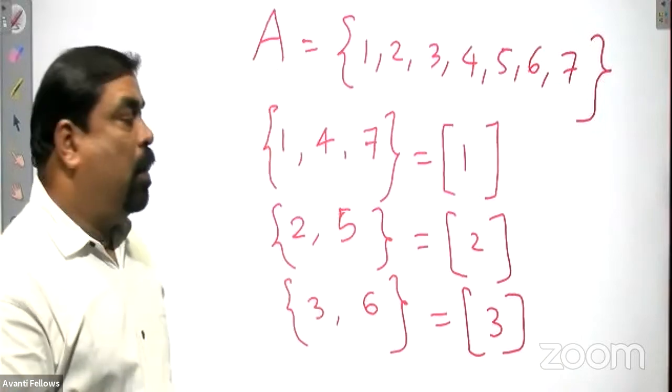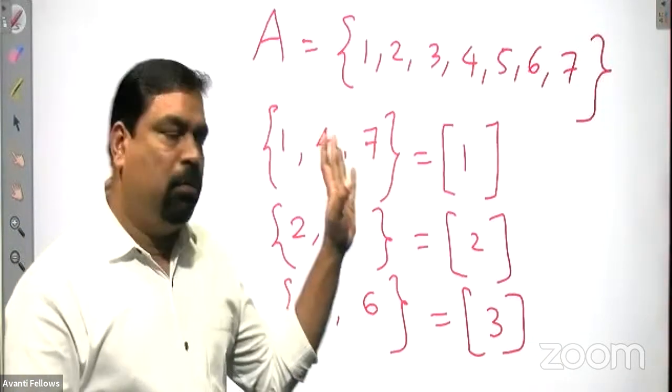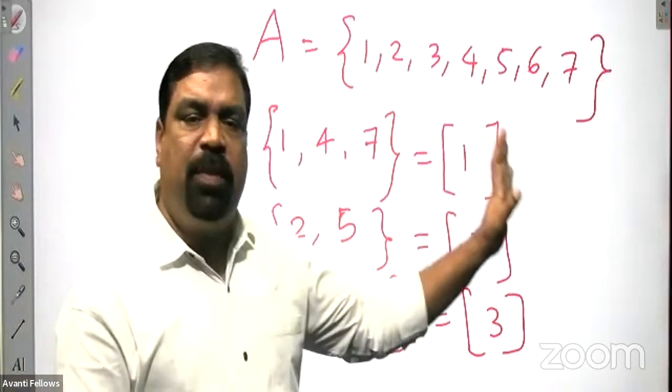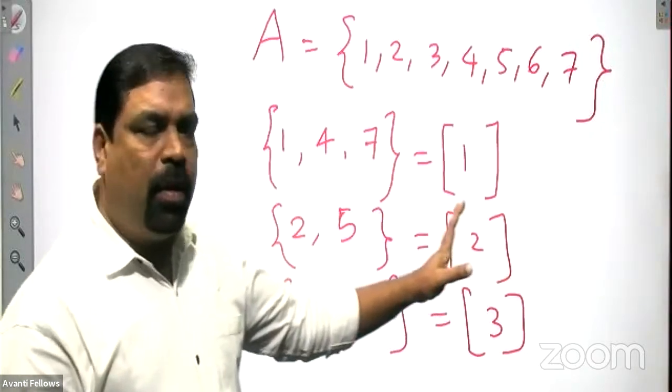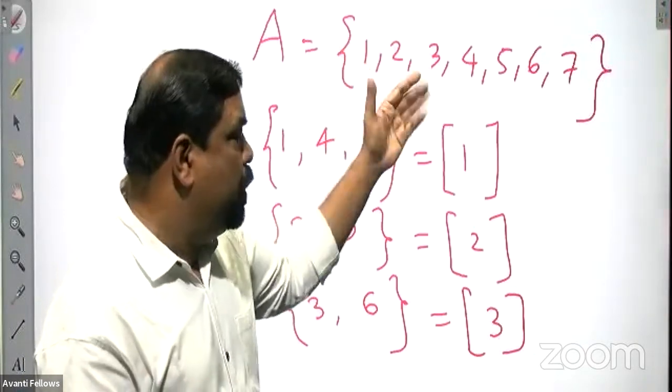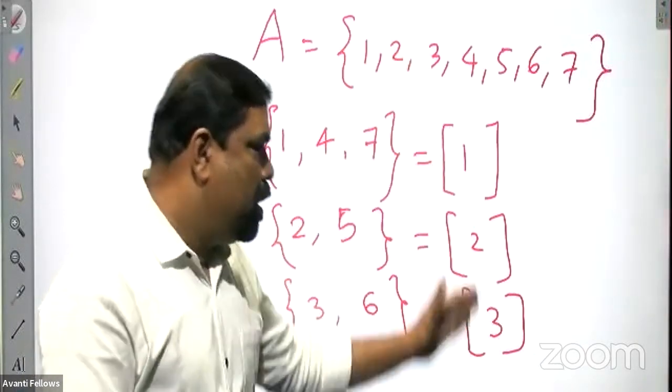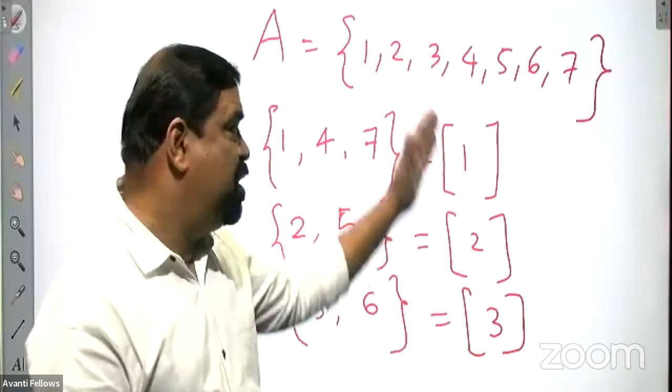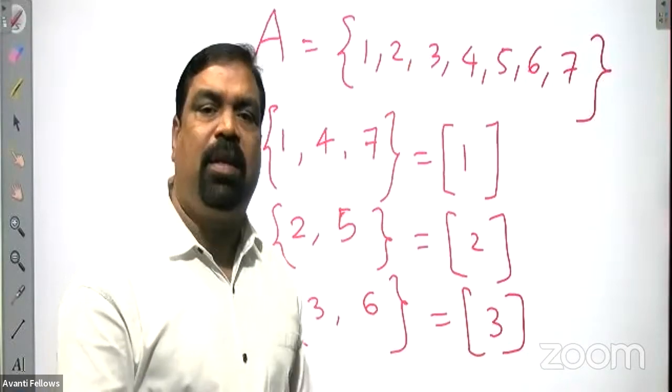So our relation A minus B is divisible by 3 partitions this set into 3 mutually disjoint sets, and each set is called an equivalence class.